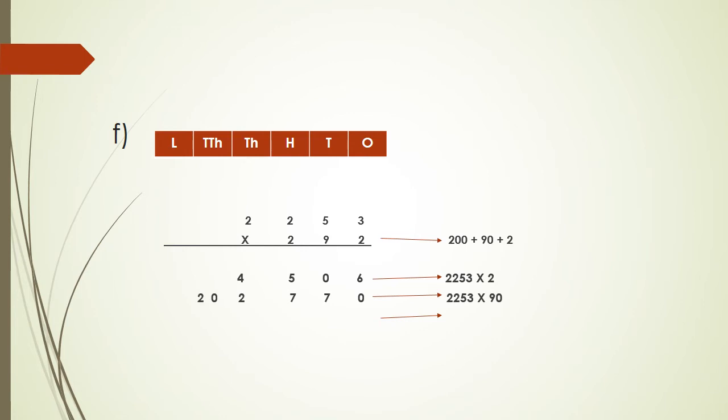Then next step, you have to multiply 4 digit by 200. That is 2253 times 200. So here we have 2 digit as 0. So you can replace in the place of ones and tens place 0. Then you multiply the 4 digit by the number 2. So now you will get 2 times 3 is 6.